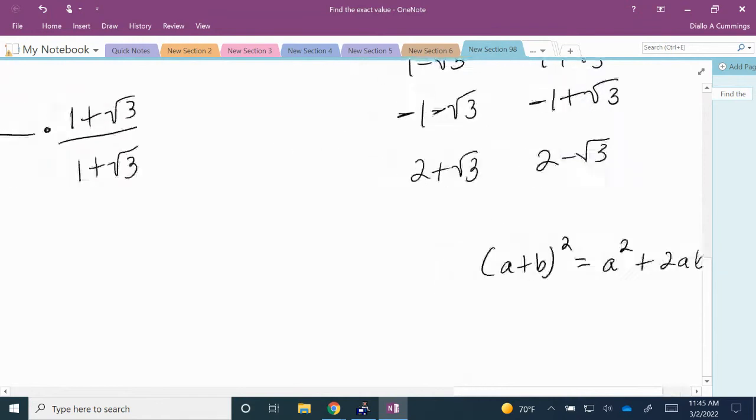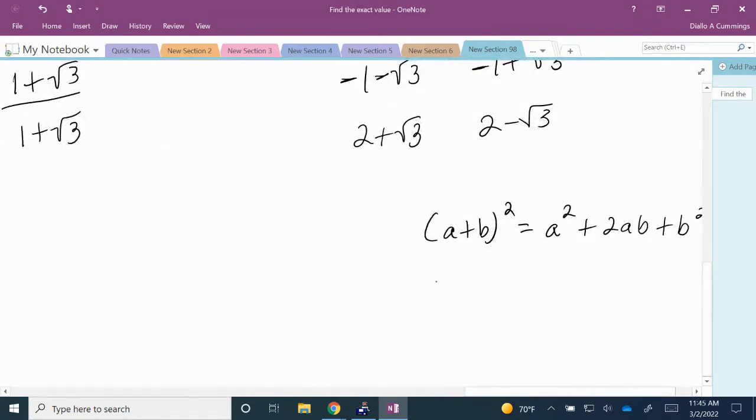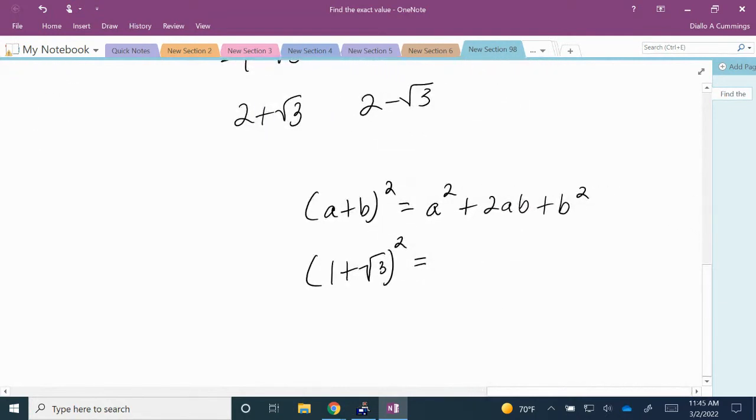Which means that if we have 1 plus the square root of 3 squared, I can substitute a for 1 and b for the square root of 3. If we use this formula, a squared would be 1, because 1 squared is 1, plus 2 times a times b.